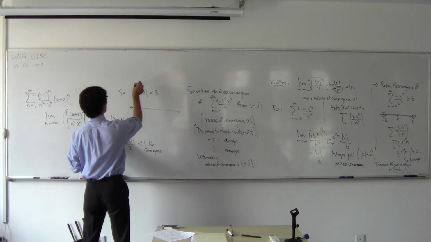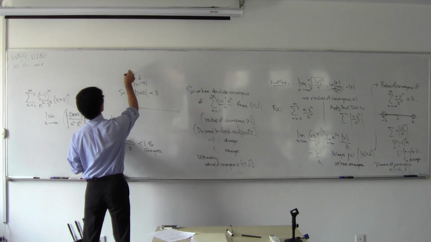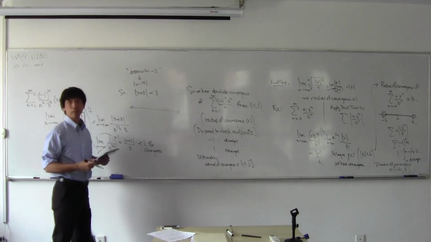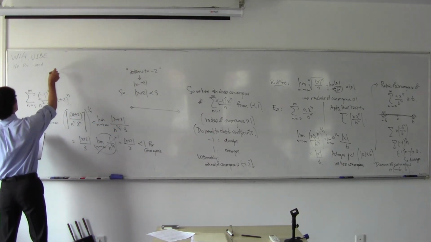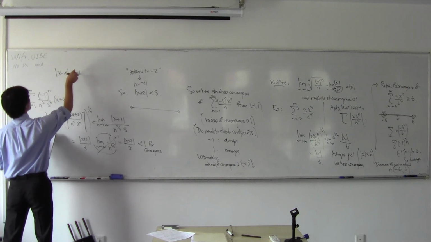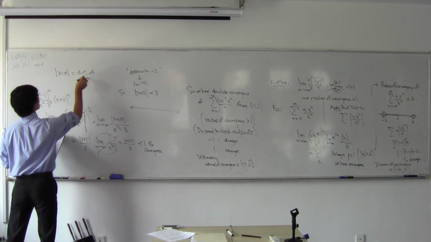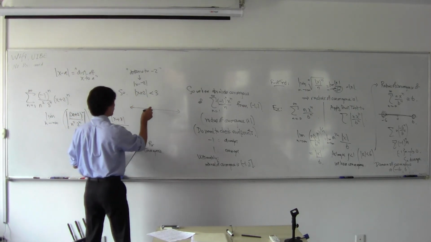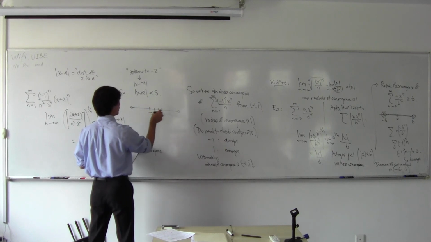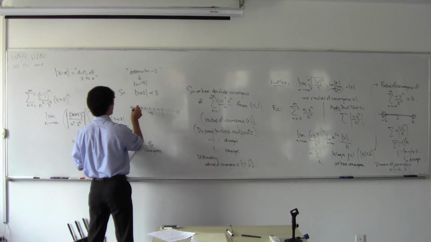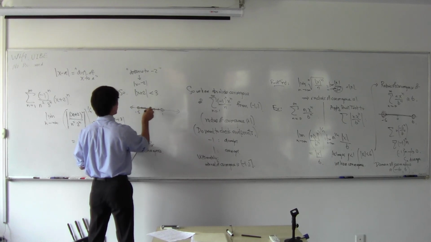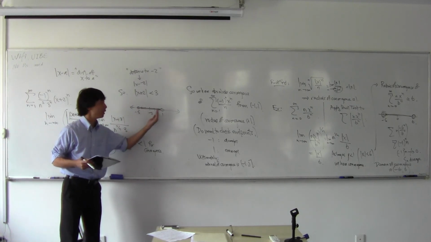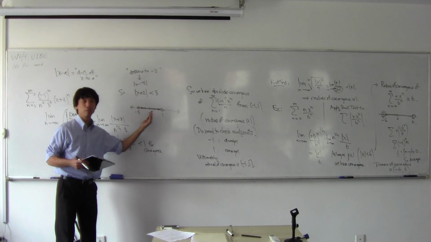This is the distance to -2. If you have x minus a, that's the distance of x to a. So this is saying the distance to -2 has to be less than 3. So here is -2, 1, 2, 3, 1, 2, 3. That gives us this interval -5 to 1. Okay. From -5 to 1.